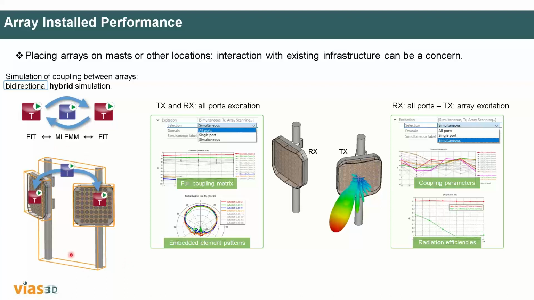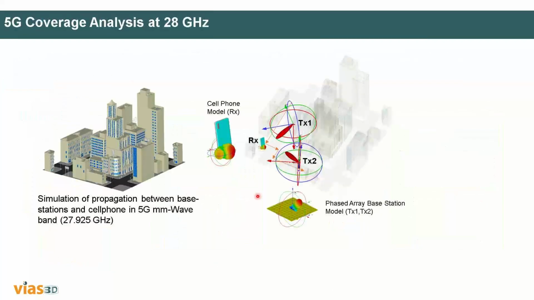So the best thing is you can do the hybridization, where your antenna is operating in the time domain solver, and for the mast structure you can use an iterative solver like the integral equation solver or MLFMM. It will give you the same kind of response, but in a very fast time.